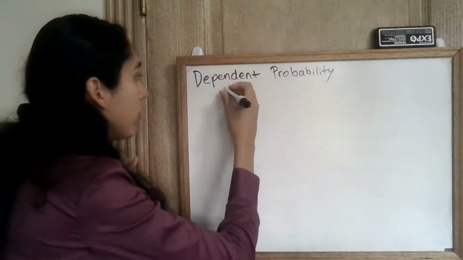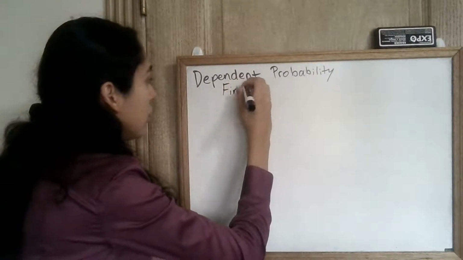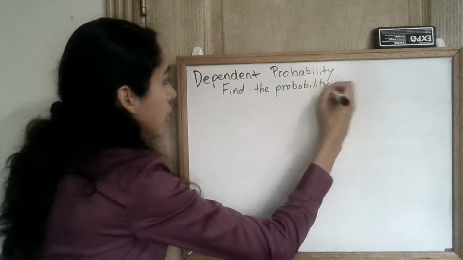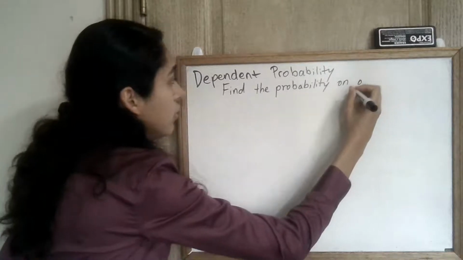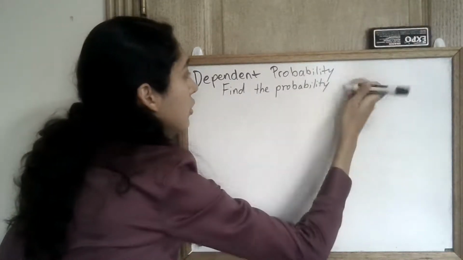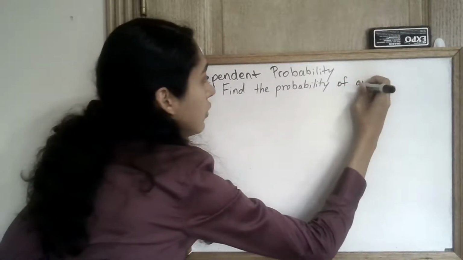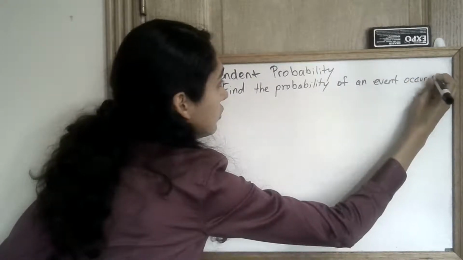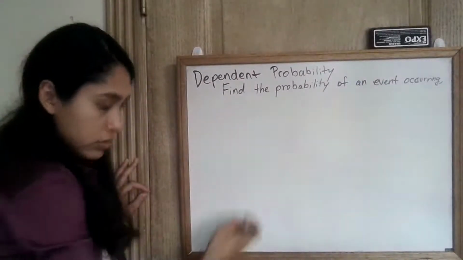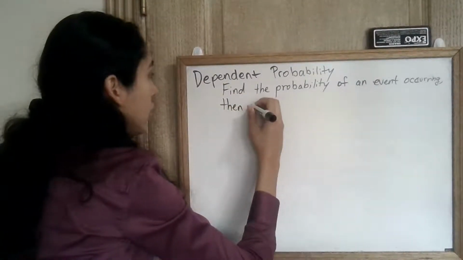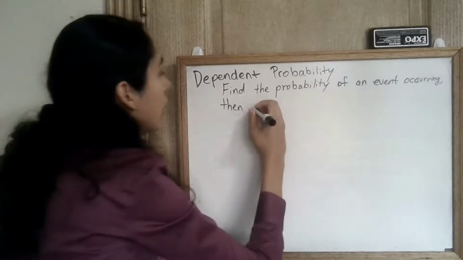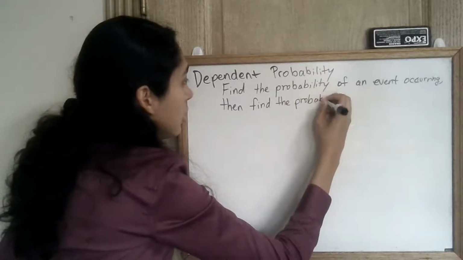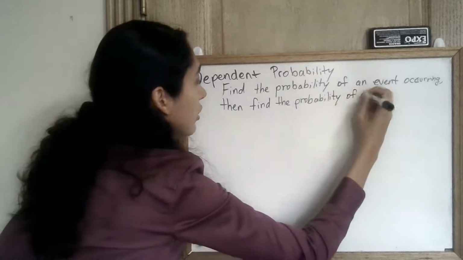So you find the probability of an event occurring, then find the probability of other events after it.